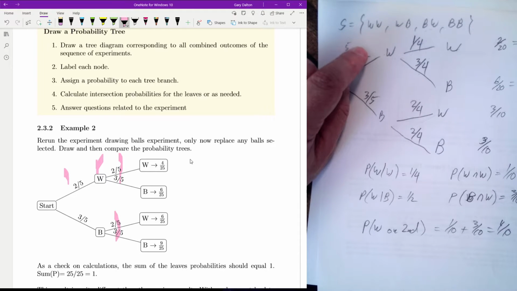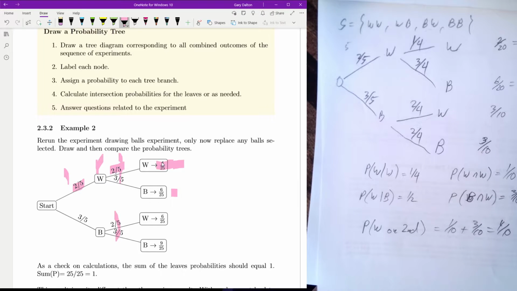So then, coming out, we've got 4 25ths for white and 6 25ths for blue. So these are our intersectional probabilities coming out, which is just multiplying this times this to get this top one. Okay?